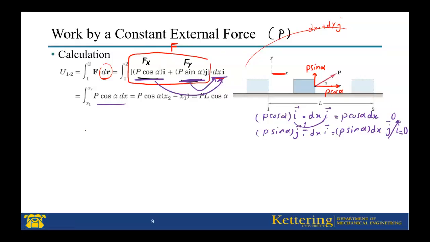Now, for this case, if alpha is 0, I push a box with the force P. Using this equation, the work done by P will be PL cosine of 0, which is PL.